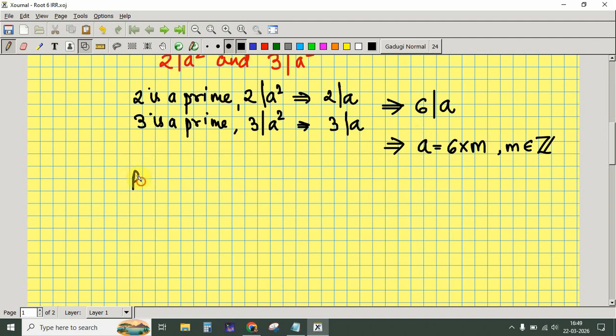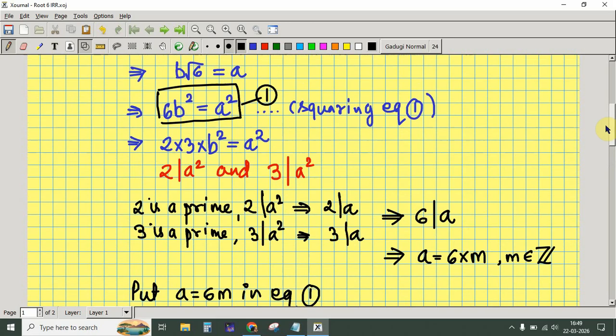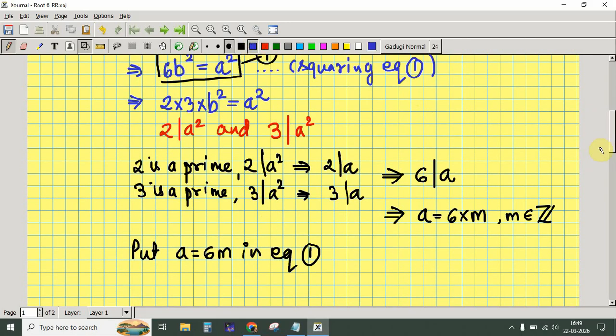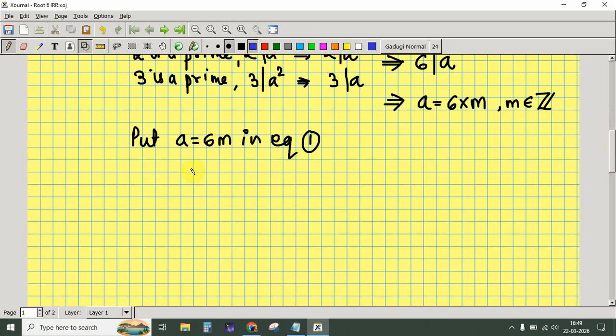Now put A equals 6M in equation 1. So this is my equation 1. जहाँ पे भी हमें A दिखेगा वहाँ पे हम लिखेंगे 6M. तो ये रहा वो A. So 6B square as it is, और यहाँ पे था A square.